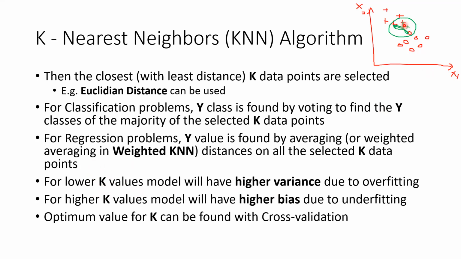But the problem is it would have a higher variance, right? That means the noise will also become apparent. Suppose there is some randomly placed outlier in your data set.